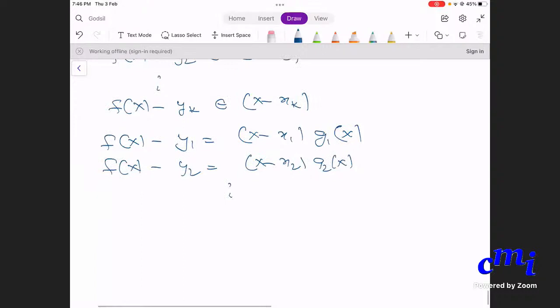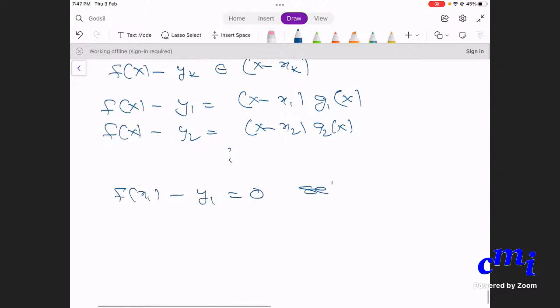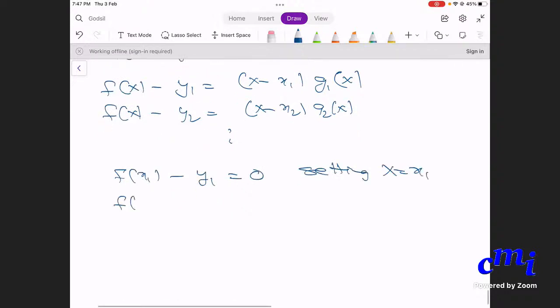Now just set x equal to x1 in the first equation: f(x1) minus y1 equals 0. Similarly, f(x2) minus y2 is 0, and so on up to f(xk) minus yk is 0.